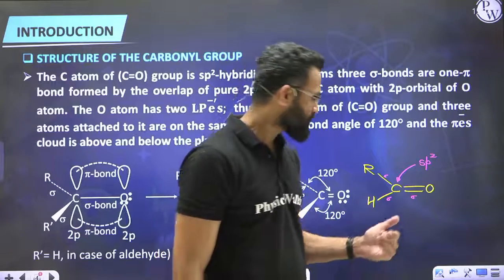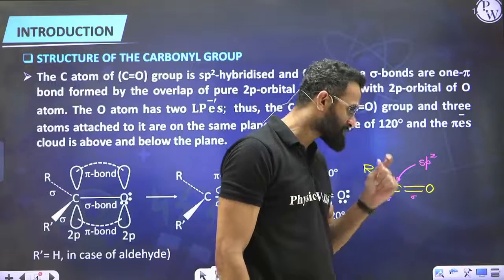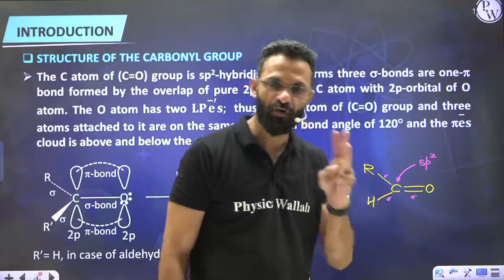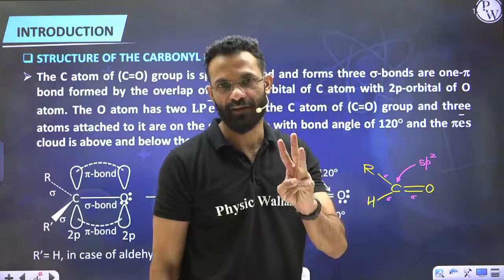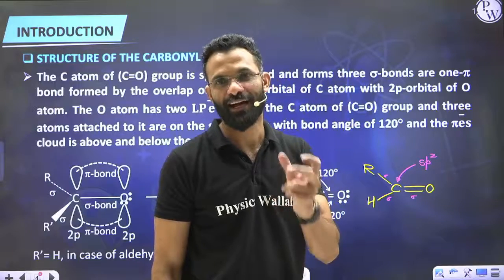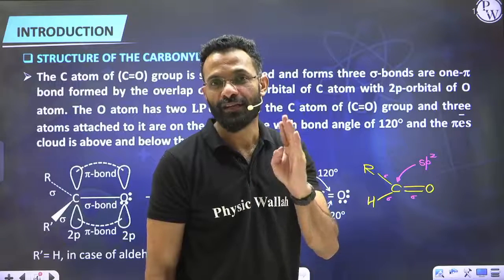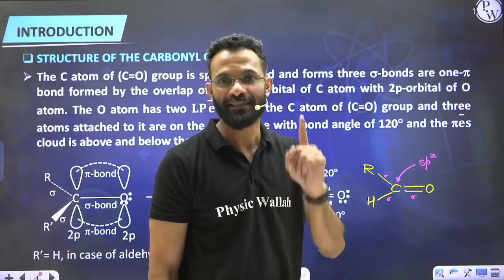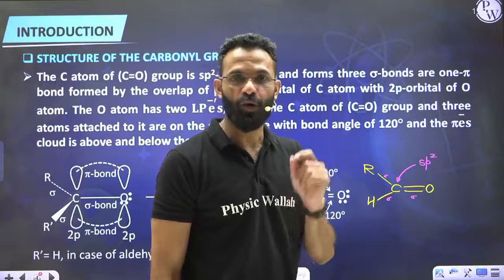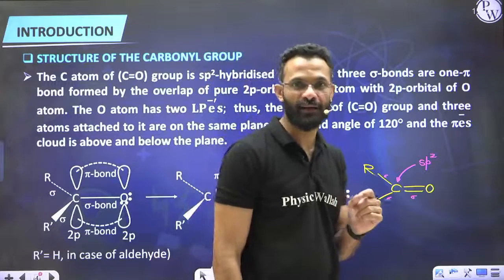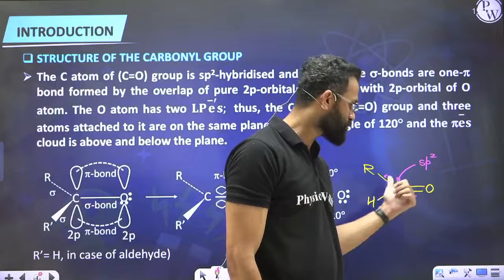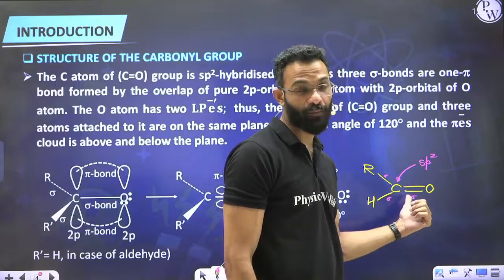Which means out of 3 p orbitals of carbon, 2 have been used in hybridization of that carbon atom. 1 p is still left there. That p will always remain as a pure p orbital perpendicular to these 3 sp2 hybridized orbitals.